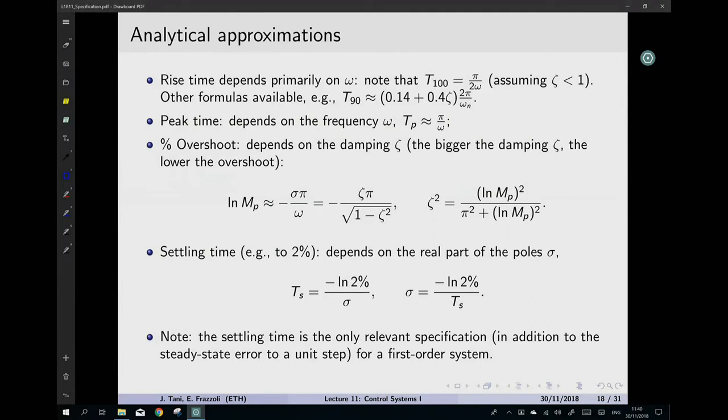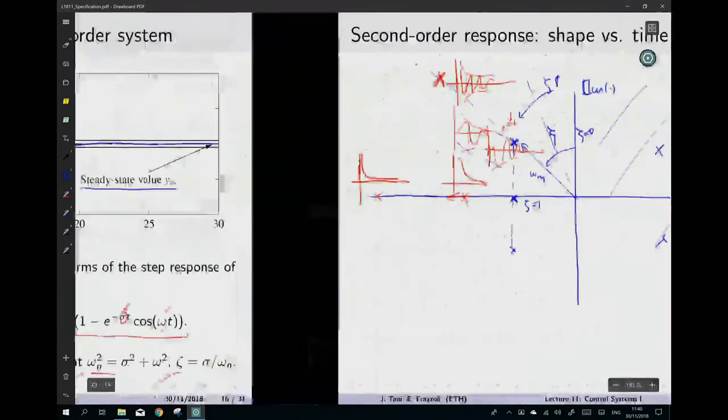I will not get into the derivation of this. You have them in the textbook. You can go and see them, and there's somewhat a degree of variability between different textbooks you find. But the fundamental idea is that the rise time depends primarily on the frequency of the system. And this is kind of intuitive.